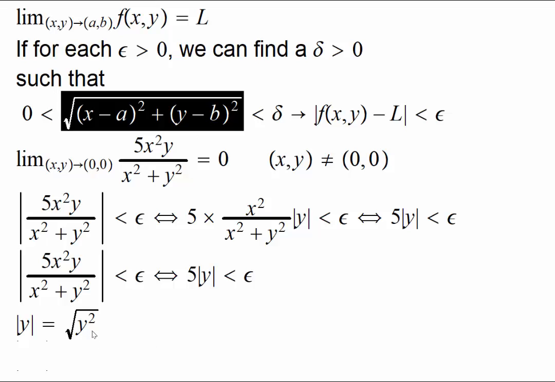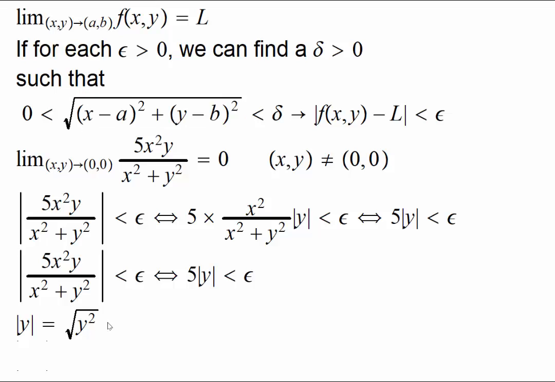But now we can easily see that this quantity will definitely be less than or equal to x squared plus y squared, because I'm just adding a positive quantity to y squared.